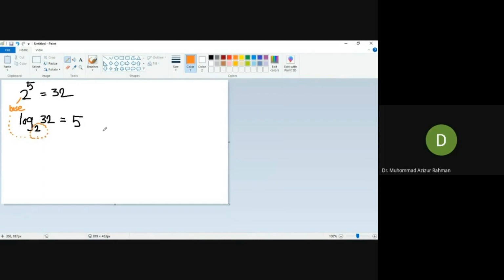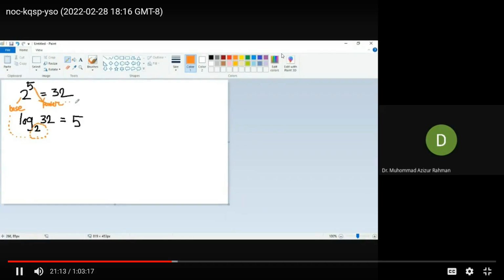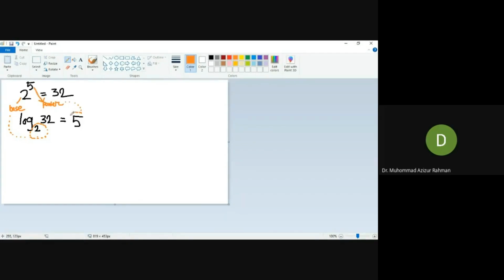Power is 5, so the power is here. And this was the result. If I use different colors, this one is here, this 32.